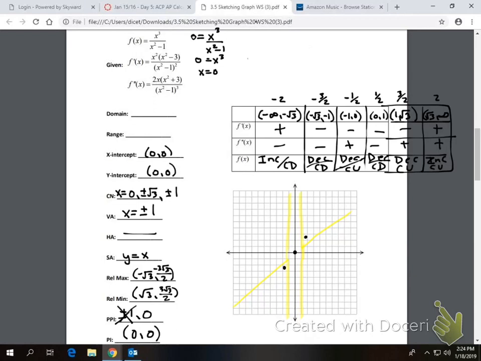Oh, that's about right there. And isn't this a relative min right here that's concave up? Look at it. I have a relative min that's always concave up. And it's approaching these two asymptotes. This is a relative max that's concave down that's approaching those two asymptotes.